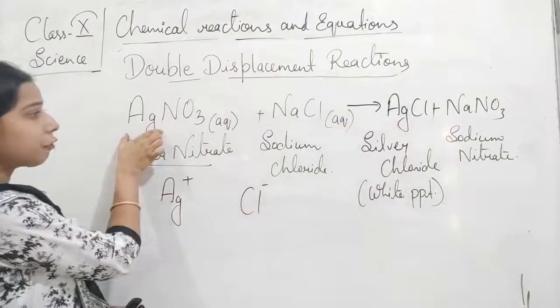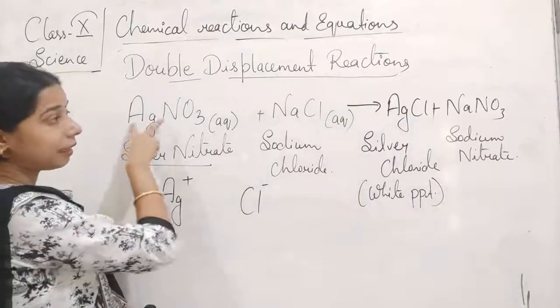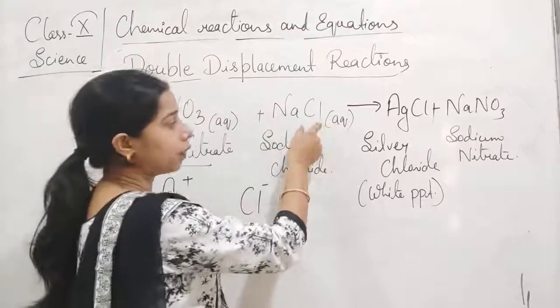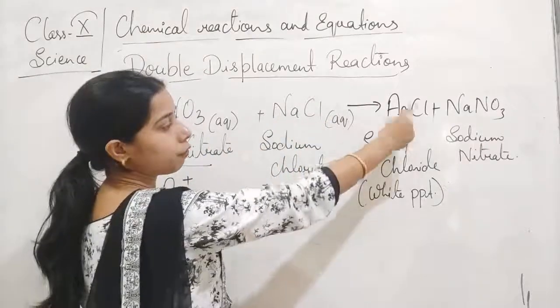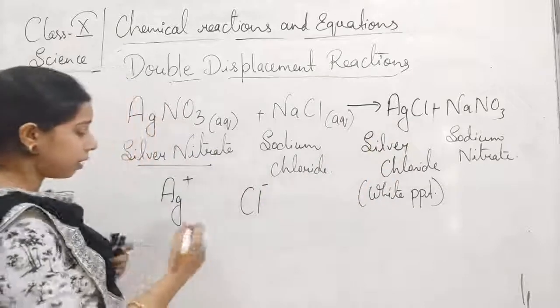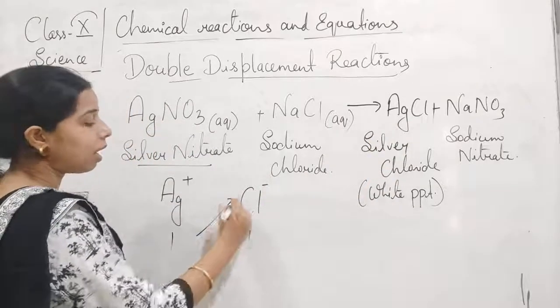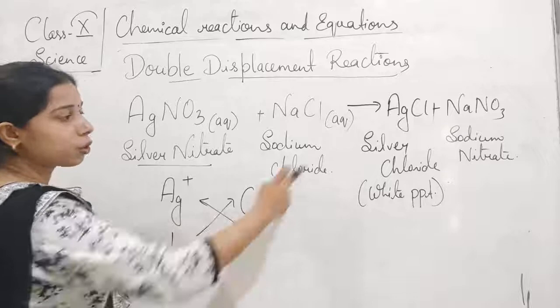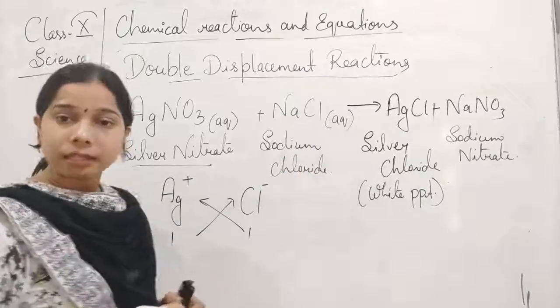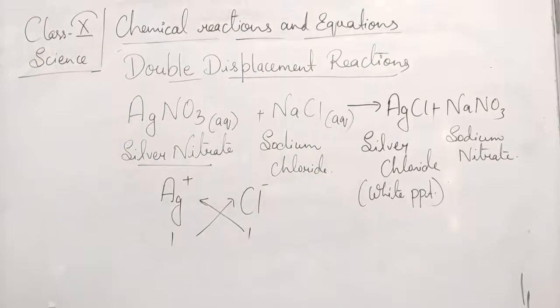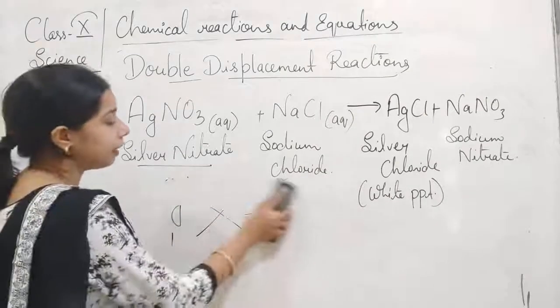So the silver from this side gets exchanged and reacts with the chloride ion. Both of them have one valency, and ultimately the formula formed here is AgCl.